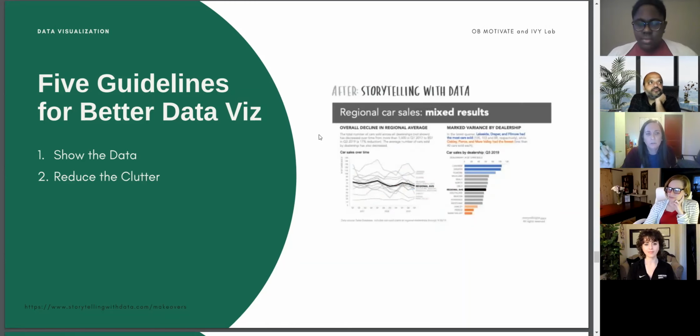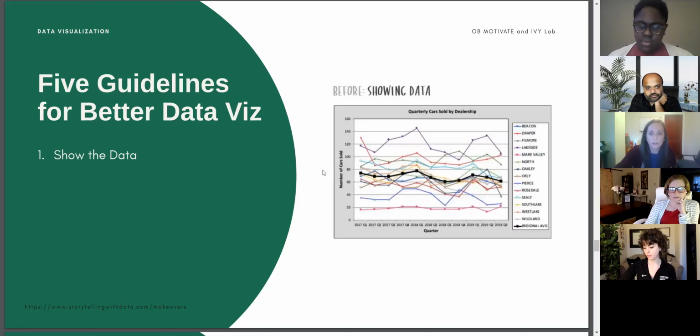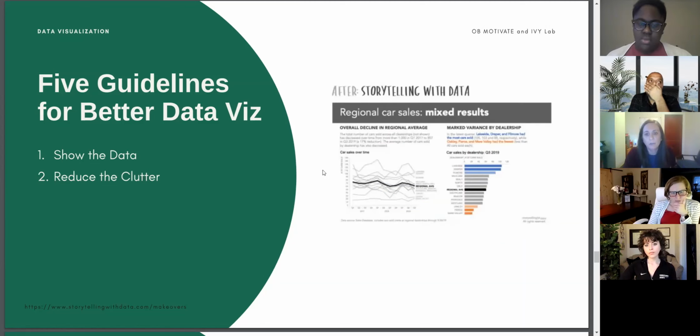So it's helpful for the second guideline to reduce the clutter in your graph. So here you can see this is the same data on the lower left corner of this graph, but instead of all the colors, they have taken each of the dealerships and made them gray and really focused on the regional average by highlighting that trend in black.